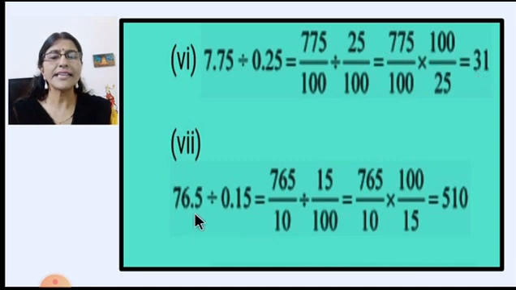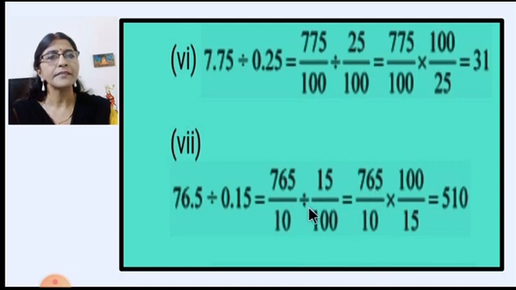Now the next one, 76.5 divided by 0.15. Same method, we'll convert it into a fraction. You will get 765 upon 10 because there is one decimal place, so the numerator and denominator are both multiplied by 10. Divided by 15 upon 100 because two decimal places are there. So 15 upon 100, and then 765 upon 10 as it is.